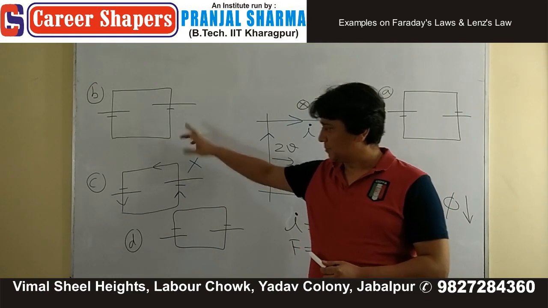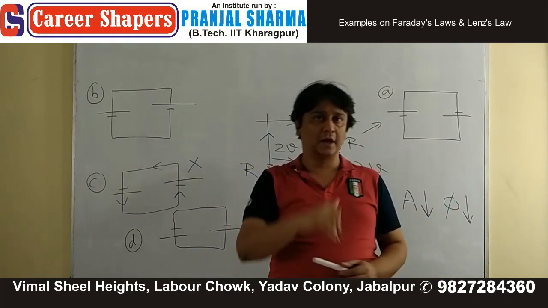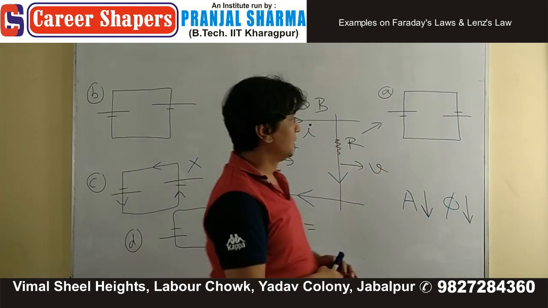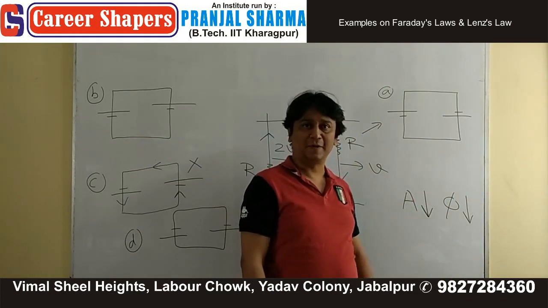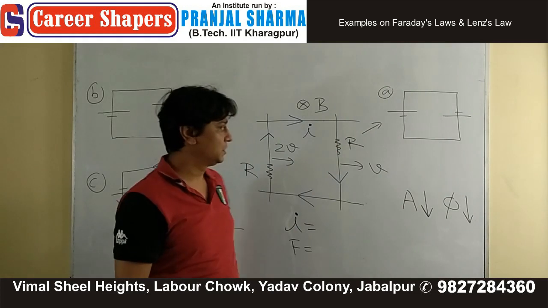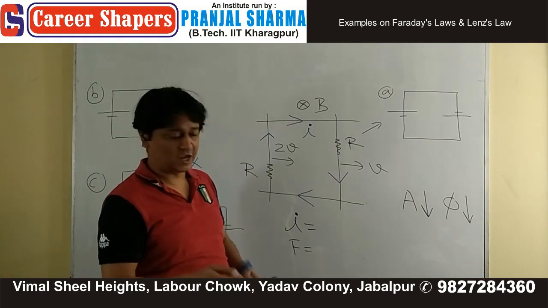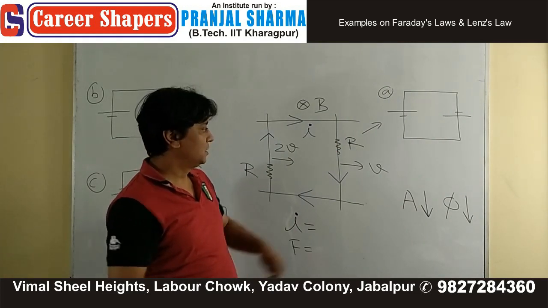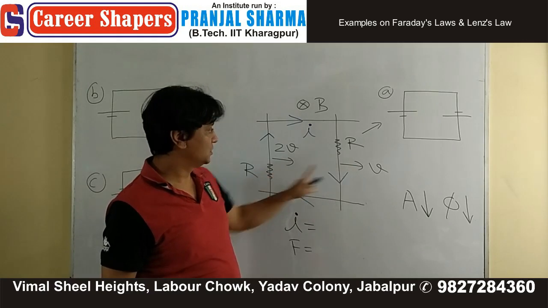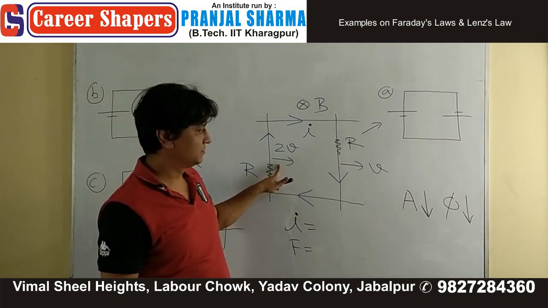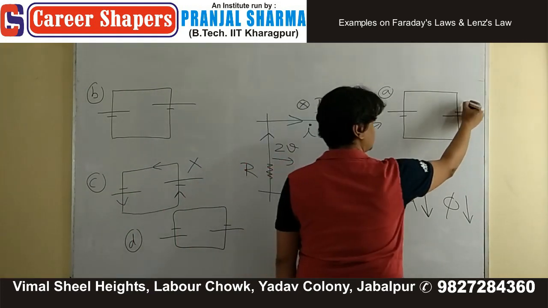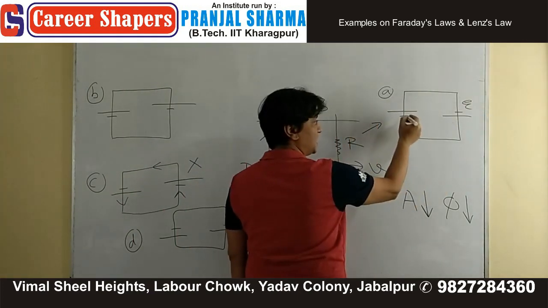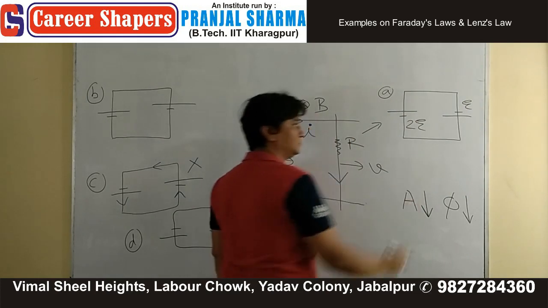Now regarding D, B and A, they can produce different senses depending on the strength, and therefore let's go for the strength of EMF now. This one is moving with V, this one is moving with 2V. To save time, I'm saying that its EMF is E, but its EMF is 2E.